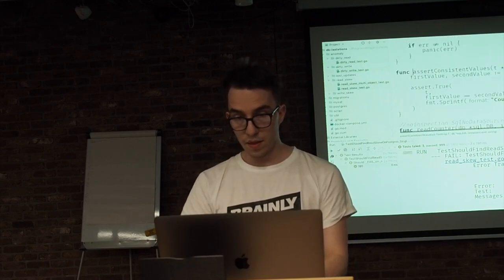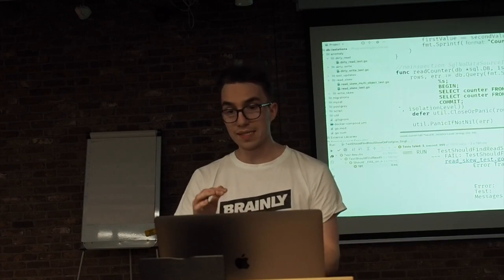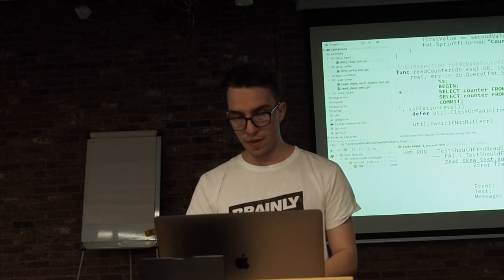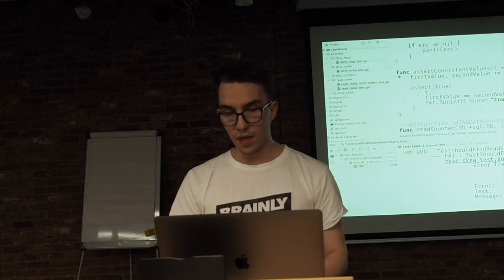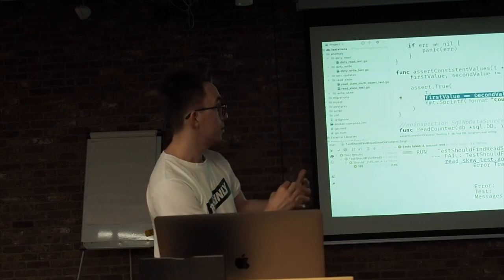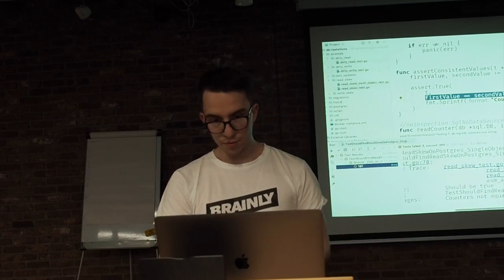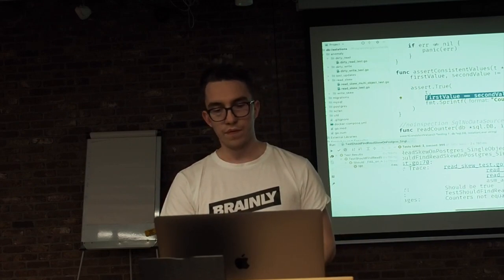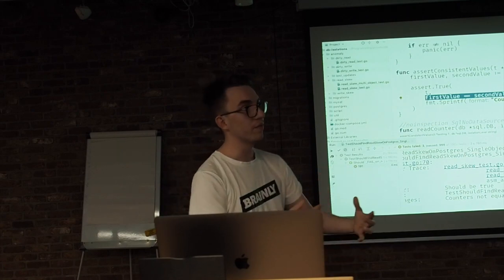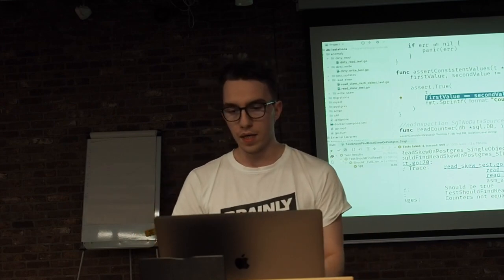The second transaction reads the same counter twice in the same transaction, and then I assert that those values are exactly the same. So as you can see, the counters are not equal. First was 0 and the second one was set to 1. It means that there was an anomaly.